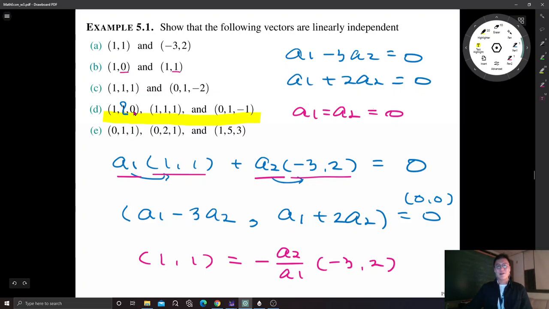So there is a way to express one vector as a linear combination of the other two, because this is just the sum of the other two vectors. So now these three vectors become linearly dependent.